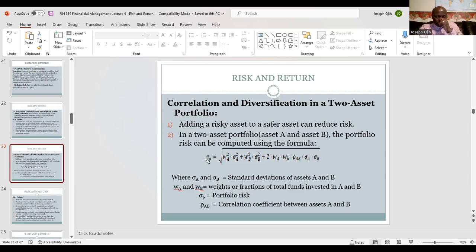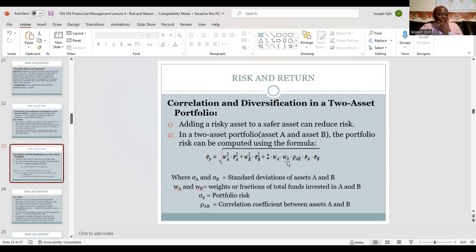This is delta P, that means portfolio risk, which is the square root of weight of asset A times the standard deviation of asset A, plus weight of asset B times the standard deviation of asset B, plus 2 times weight of asset A times weight of asset B times the correlation between asset A and B times the standard deviation of asset A and the standard deviation of asset B. We use standard deviation as a measure of risk. Now, this might look like a monster formula, but actually you understand it when you use it.